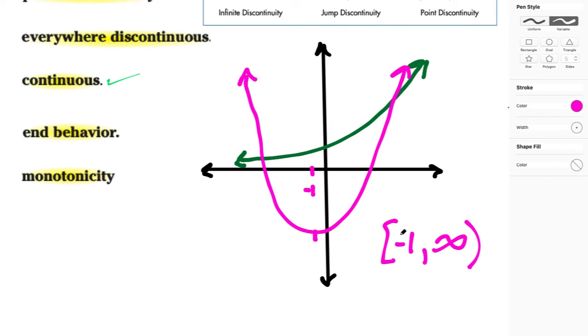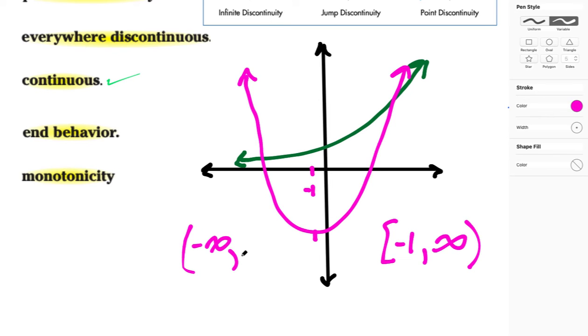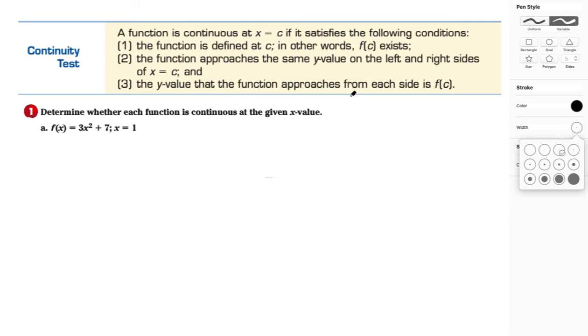And it doesn't have to all be going positive. It could be monotonicity from negative infinity. We wouldn't use that bracket there, we'd use a parenthesis. Monotonicity from negative infinity to -1. Does that kind of make sense? I'm hoping it does. Let's get started looking at some other things in just a moment. The other things would be examples, but let's first look at this information.